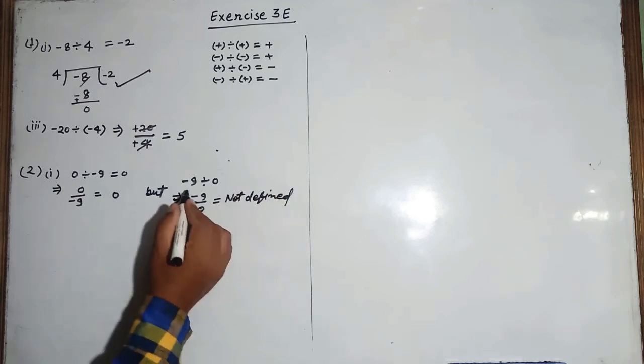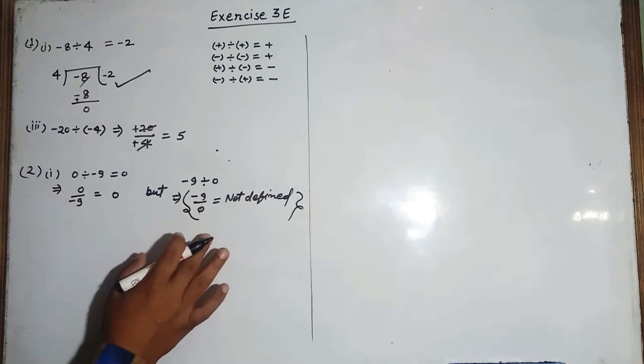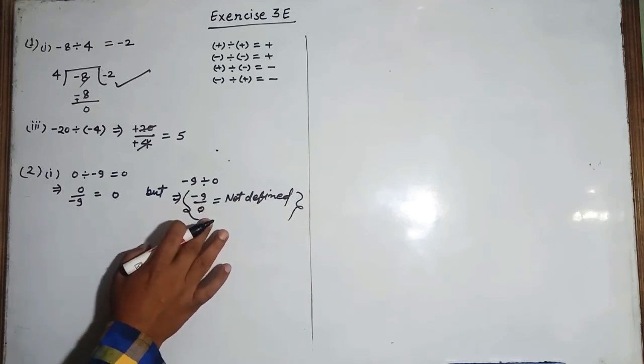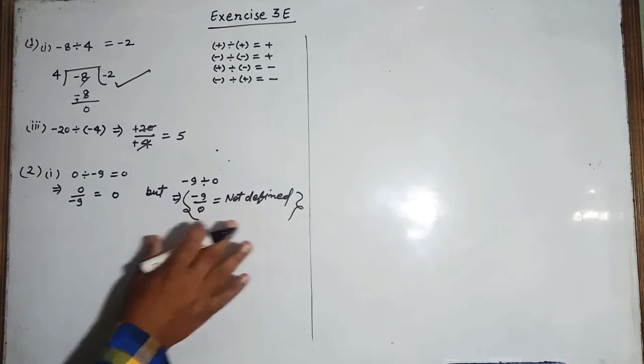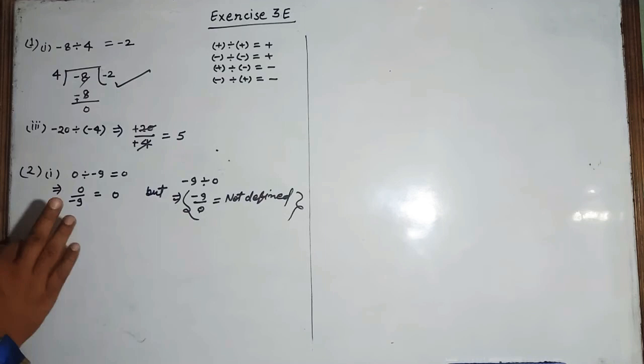This you will remember, that if 0 is in the denominator, then it will be not defined. If the denominator is some positive or negative number, then it will be 0.